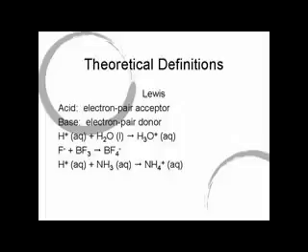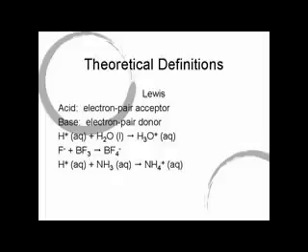Now in the next reaction, we have the fluoride ion, F minus, joining with boron trifluoride to form BF4, 1 negative. In this case, the fluoride ion provides both electrons to join with BF3 to form BF4, 1 negative. So the fluoride ion is the Lewis base, the electron pair donor.